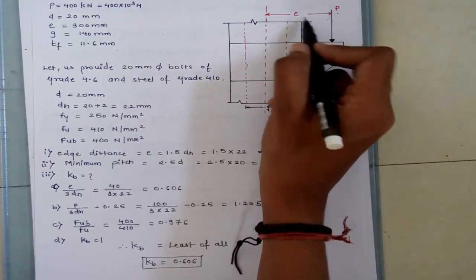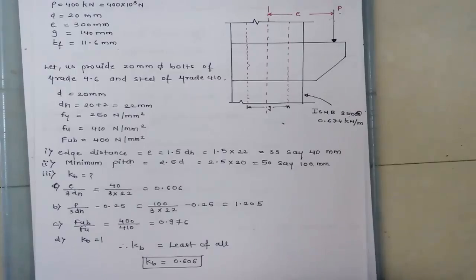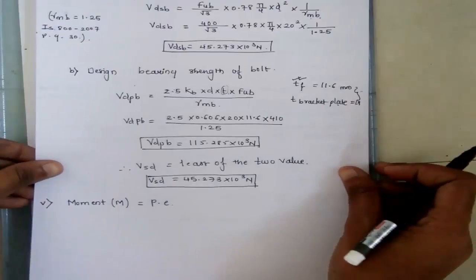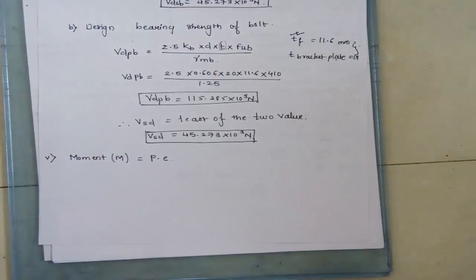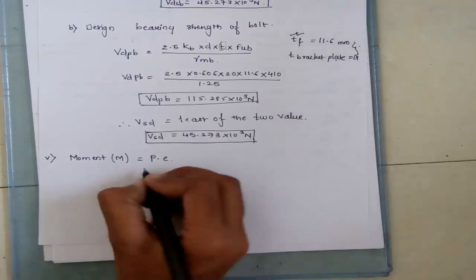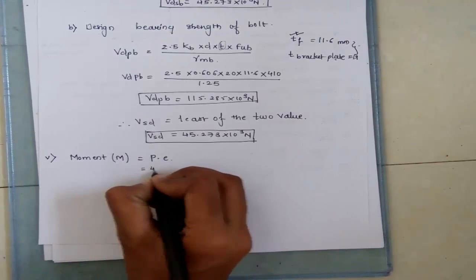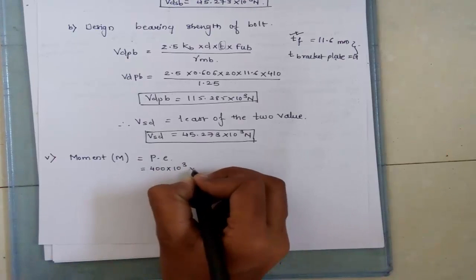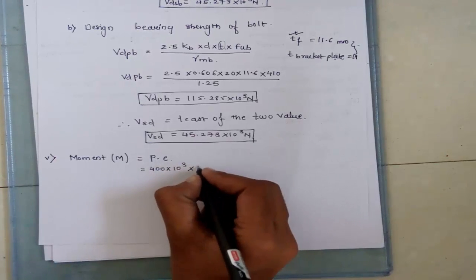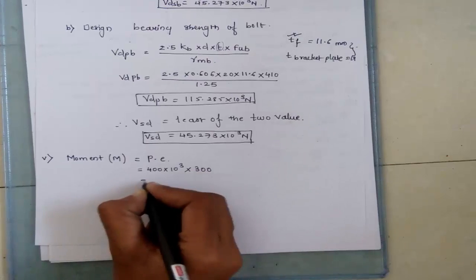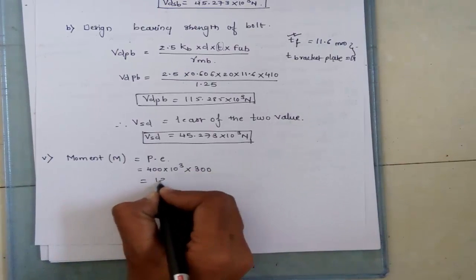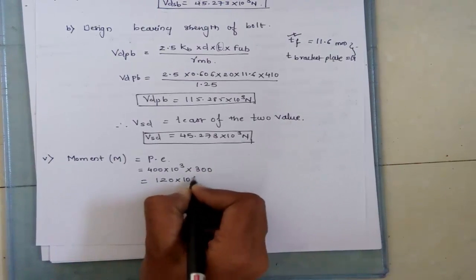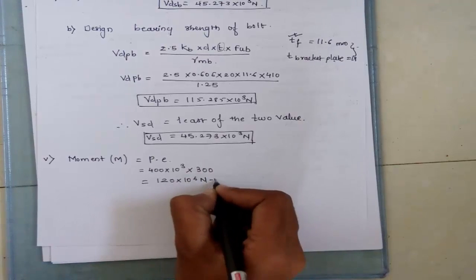P into E gives the moment. So P equals 400 into 10 to the power 3, and the eccentric distance is 300. After calculation we get 120 into 10 to the power 3 Newton mm.